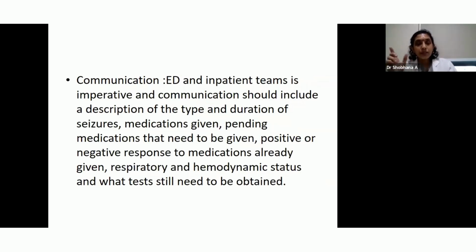That should include whether the patient was received in convulsion, what was the type, how long it has been taking place, what they have given in the emergency, what needs to be given later on, and whether after the medication the patient responded, or how long they responded or did not respond, and what is the respiratory status, whether they are breathing, they are having an adequate airway, what the hemodynamic status is, and what else tests need to be done. These all need to be documented and handed over, right?